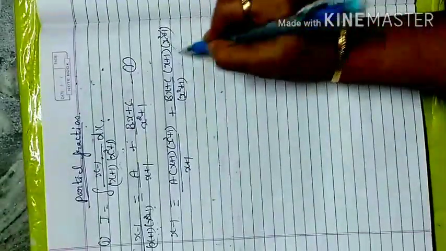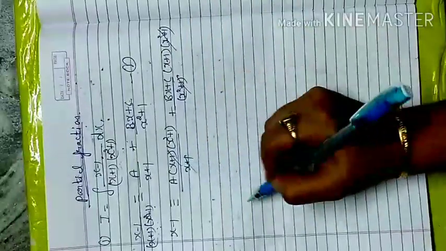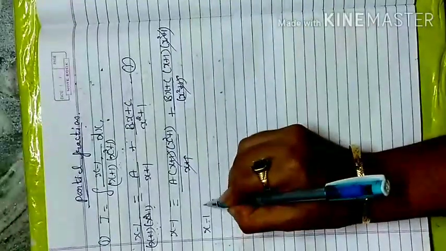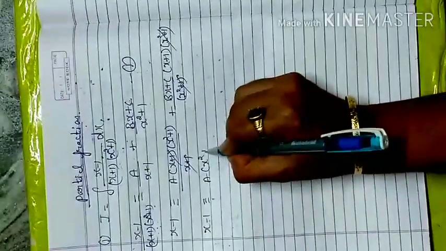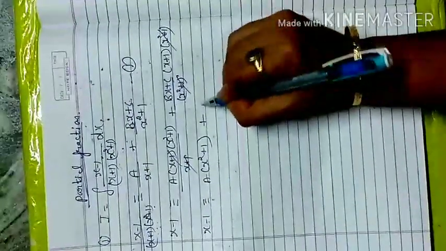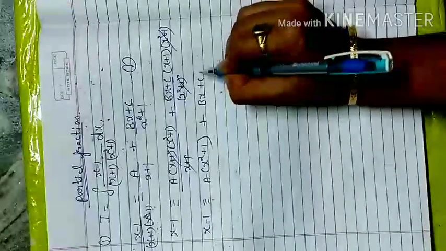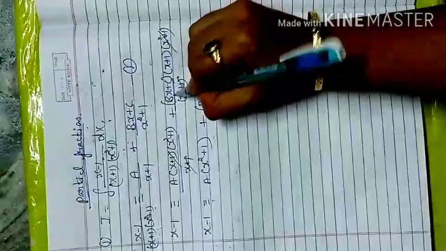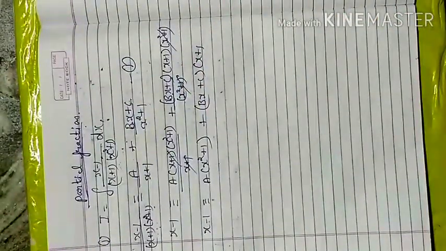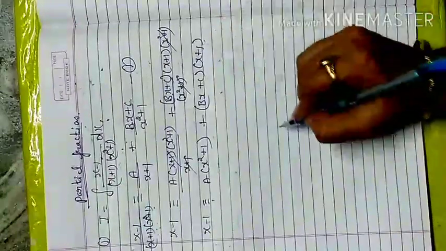Here x square plus 1 is cancelled, x plus 1 is cancelled. So what is left? x minus 1 is equivalent to a(x square plus 1) plus (bx plus c)(x plus 1). Keep it in brackets, otherwise it looks like only c is multiplied by x plus 1. The whole term is multiplied by x plus 1.